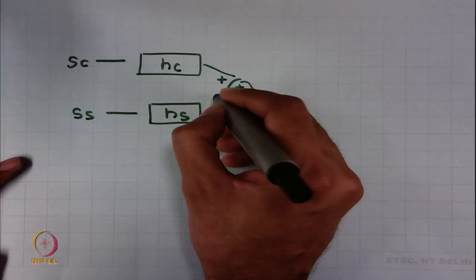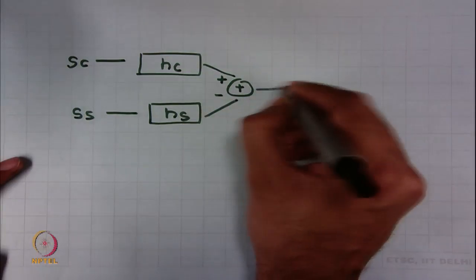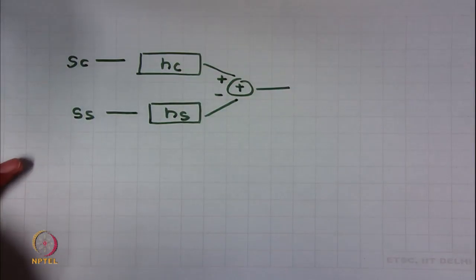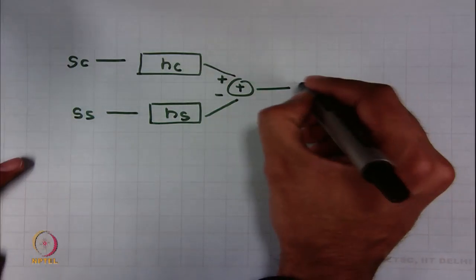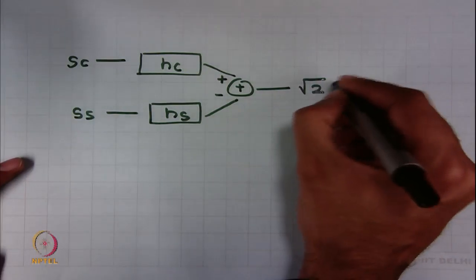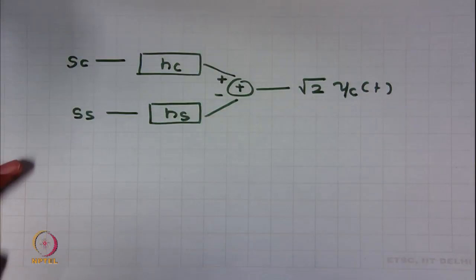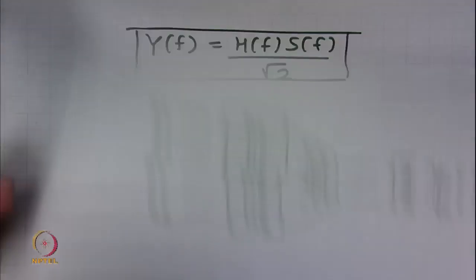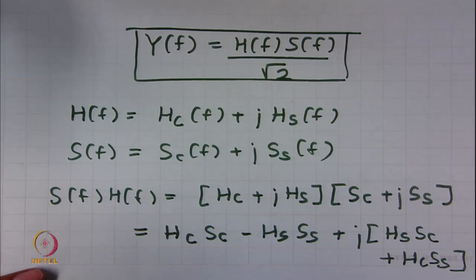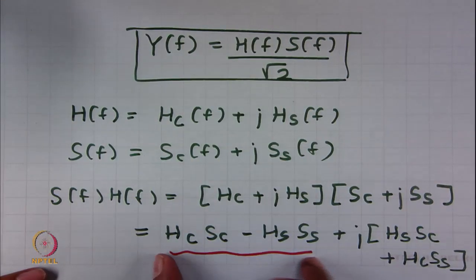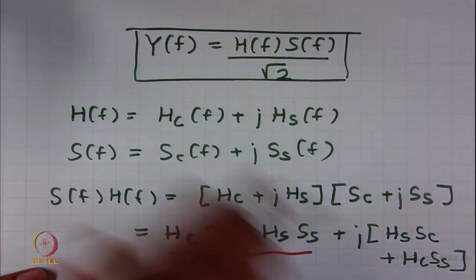This I add with positive, this I add with negative, and what I get is root 2 times YC(t). If you like, you can put t everywhere. So, if you look at this expression, this would give me the cosine part of y(t).